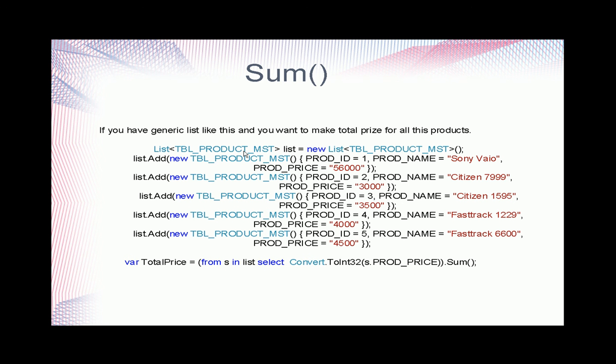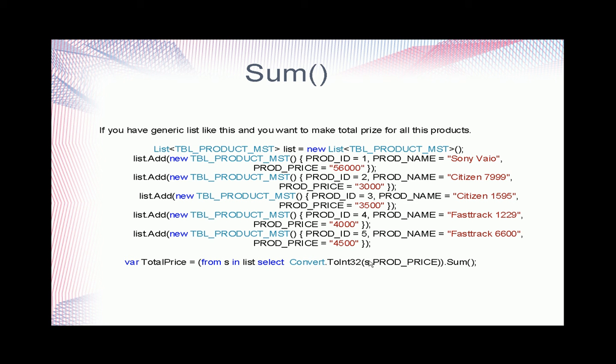If you have a generic list like this and you want to get the total price of all these products, then you can write a LINQ query here: from a in the .NET collection object, select, and first convert to Int32 as a.ProductPrice. Whenever you use aggregate operators with a LINQ query, you must be sure that the column is an integer.